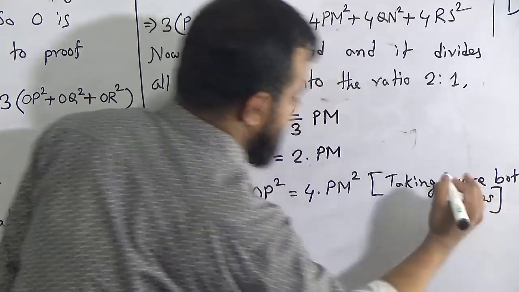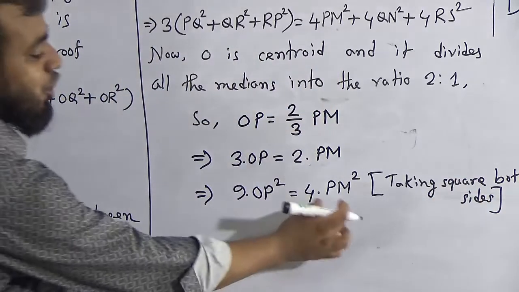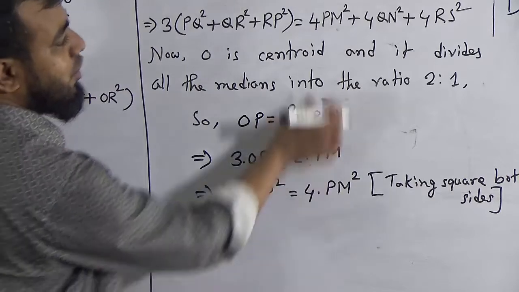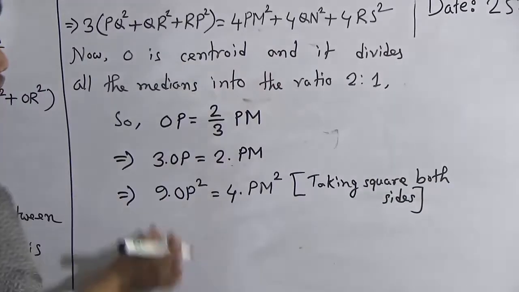Now my dear students, we have got 4 into PM square equal to 9 into OP square.